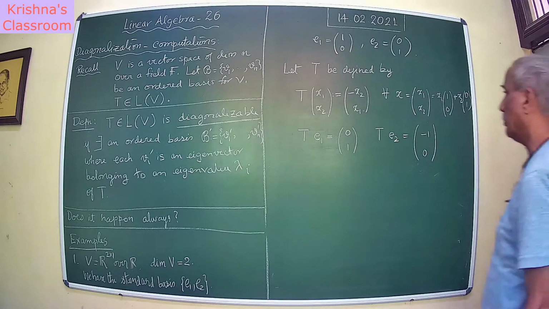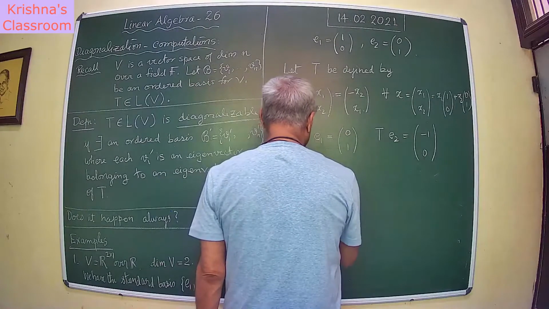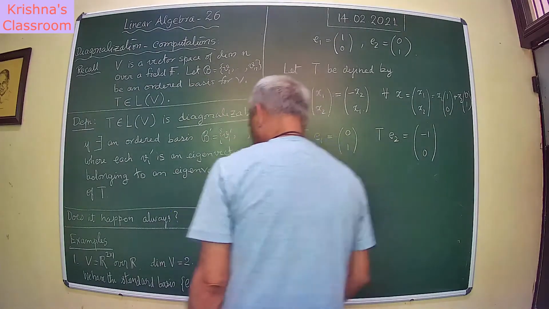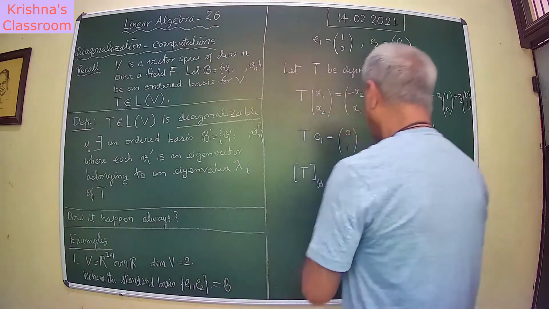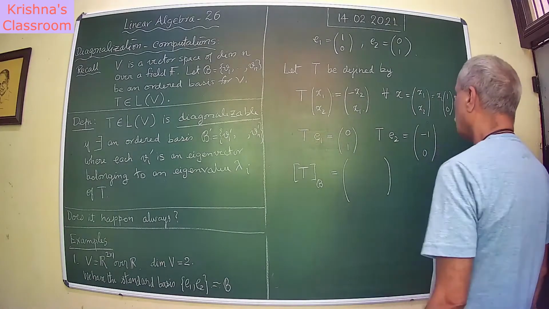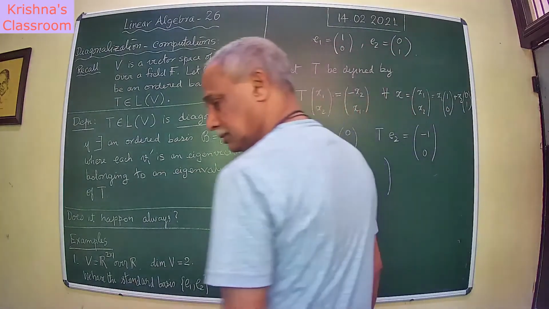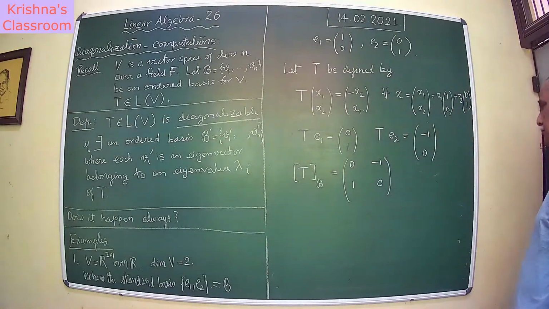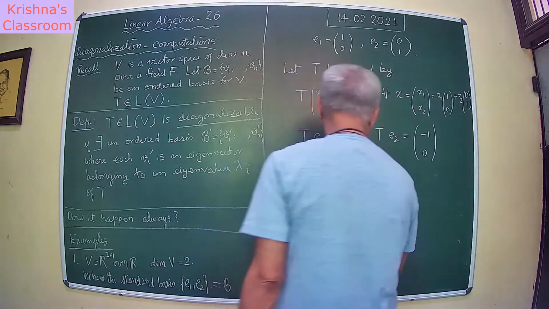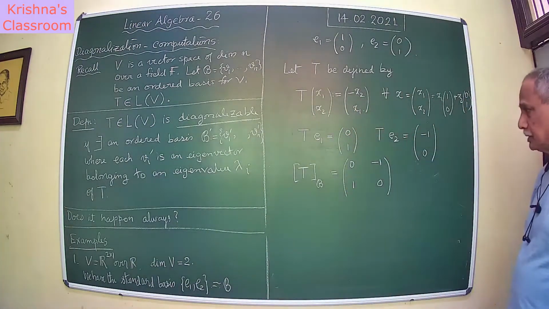Okay. So what about the matrix of T? By your definition, this is the matrix. So we have obtained the matrix representation.